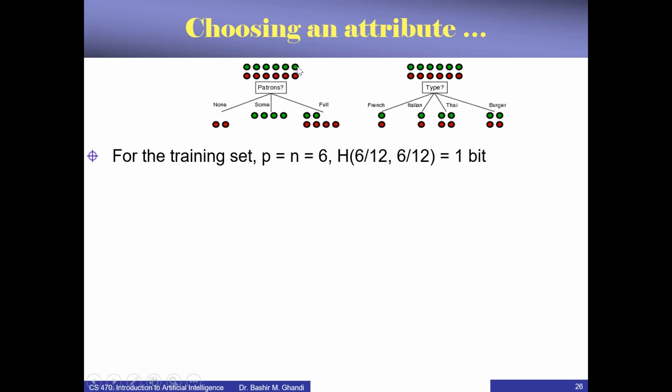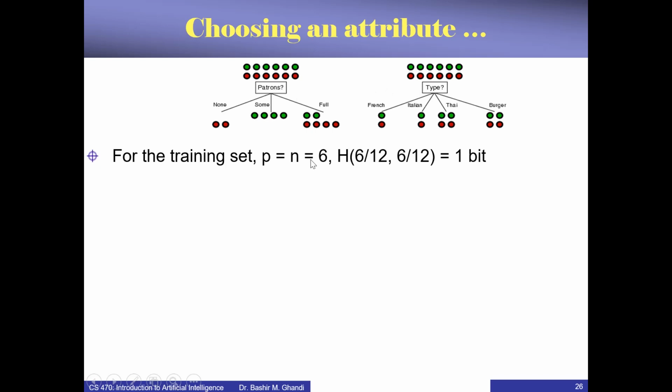The number of positives P is the same as the number of negatives, and is equal to 6. So before we split, we have an equal number of positives and negatives. This is before we choose any of the attributes.